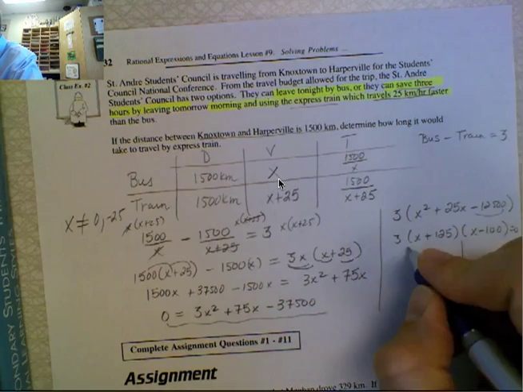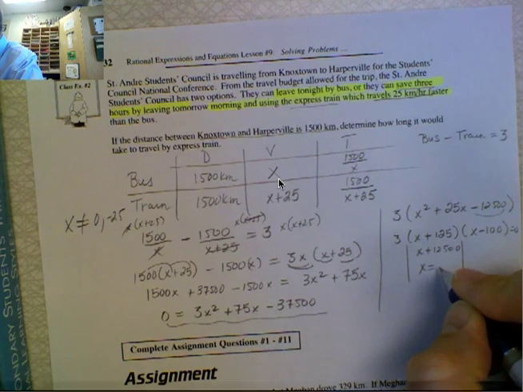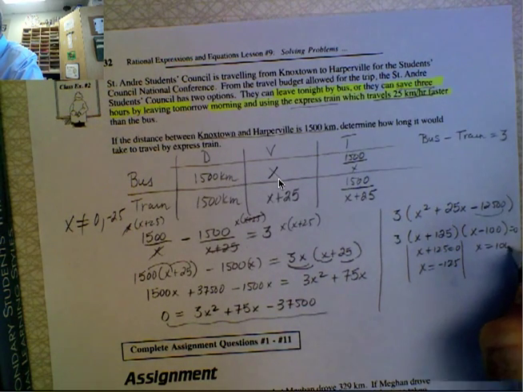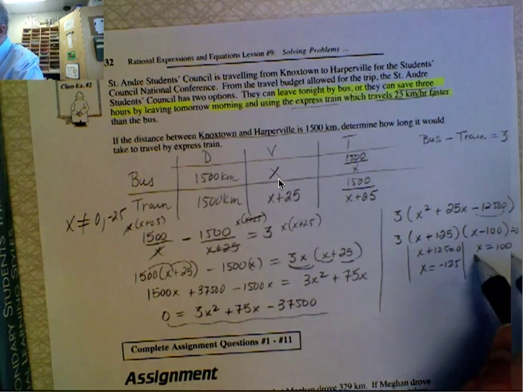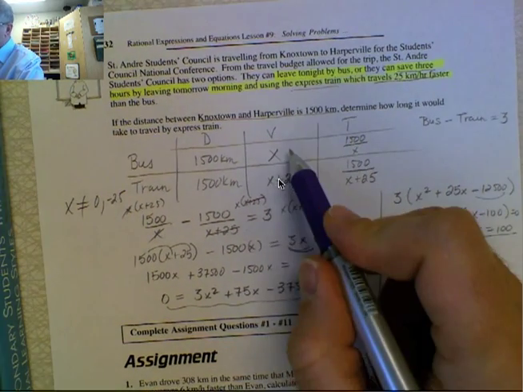So if I solve this for x plus 125 equals 0, x equals negative 125, and in the second case, x equals 100.